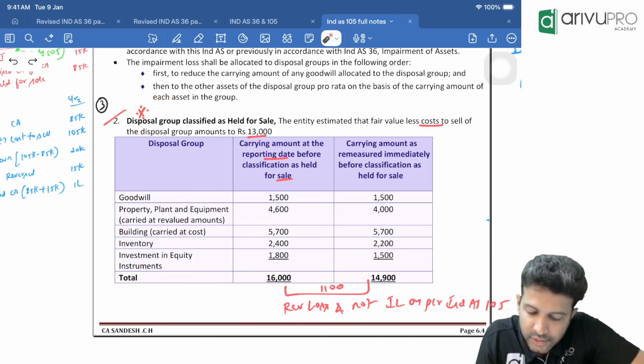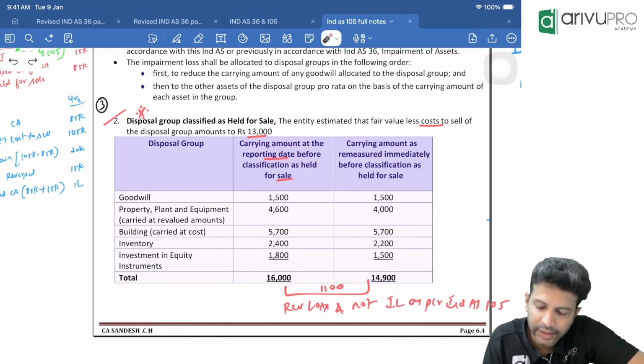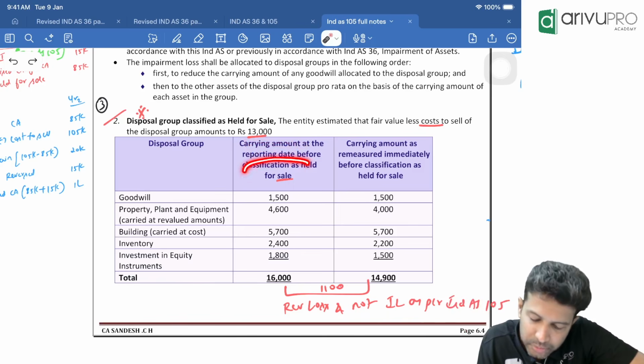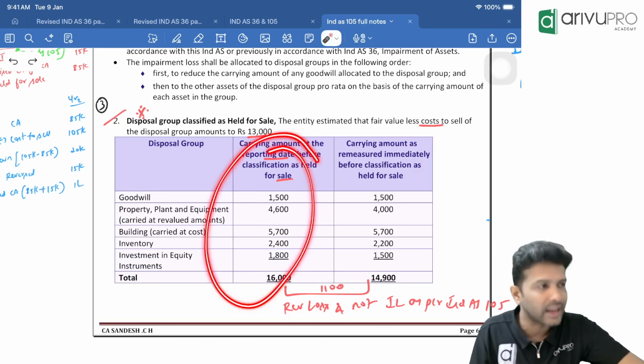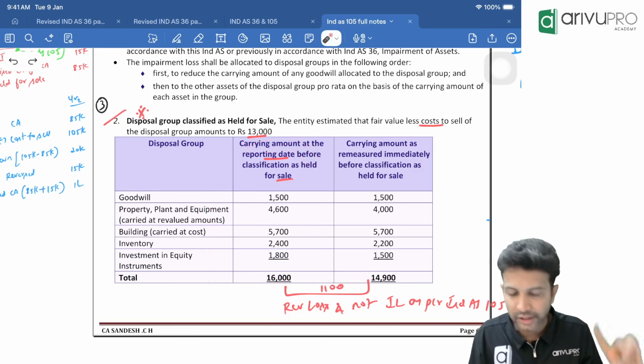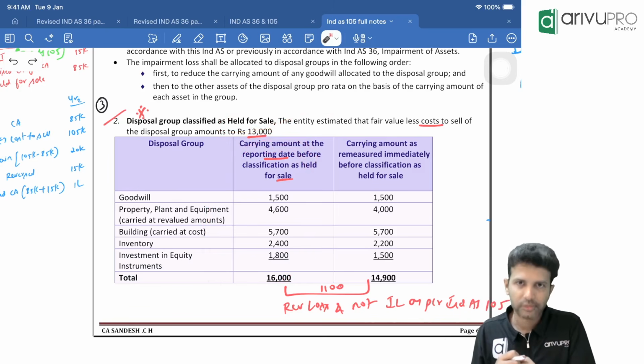Now check this. They've given carrying amount at the reporting date. On the reporting date, they've given carrying amount, and this reporting date is before it got classified as held for sale. This is not the carrying amount on the date it got classified as held for sale. Before it got classified as held for sale, there's one reporting period.